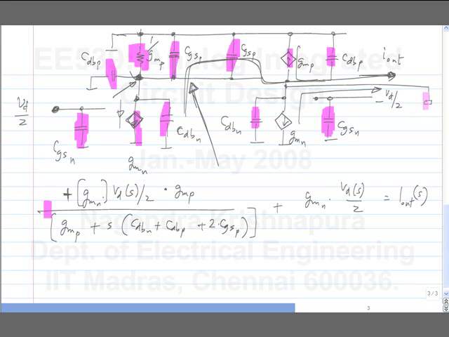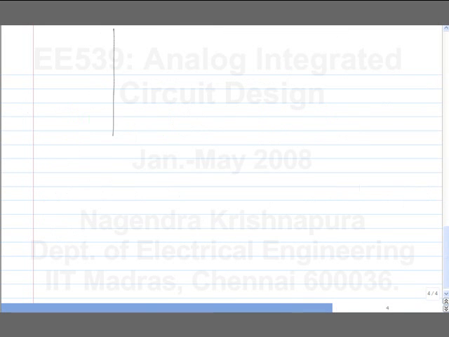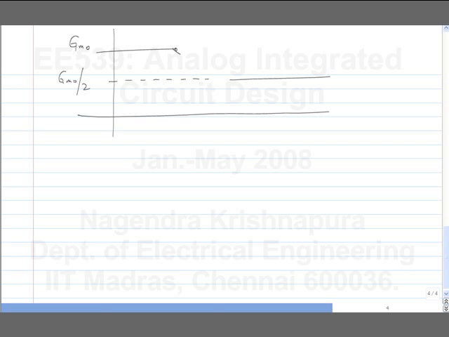Okay, so you do expect a frequency response of this sort. At low frequencies it will have some gain, and at high frequencies it will have half the gain. Okay. So if this is GM0, at high frequencies it will be GM0 by 2. And it's a first order response, so you will have one pole and one zero. Okay.